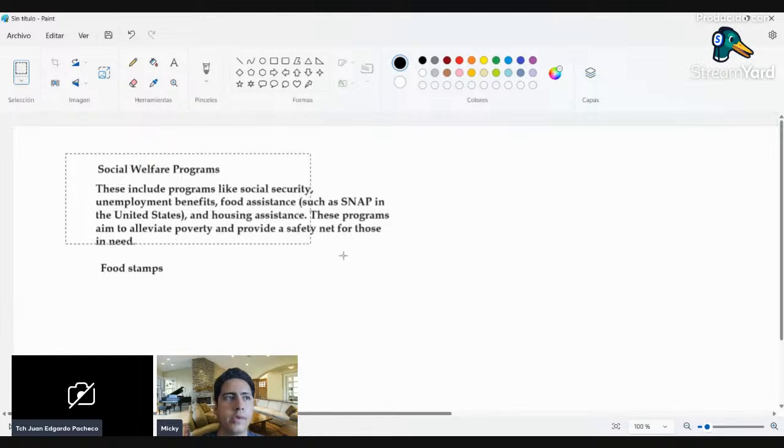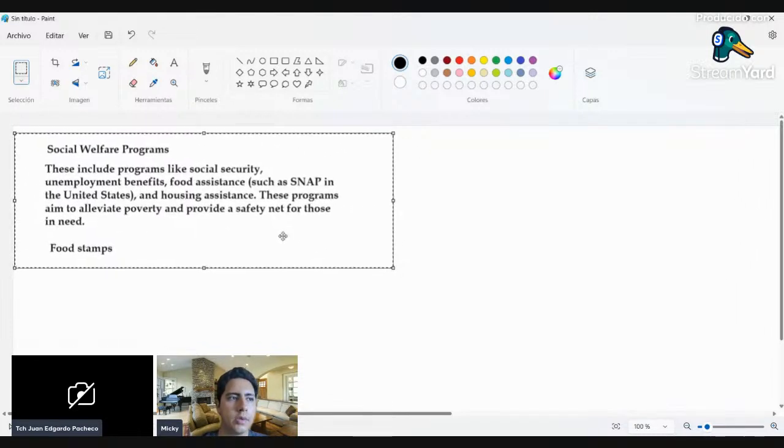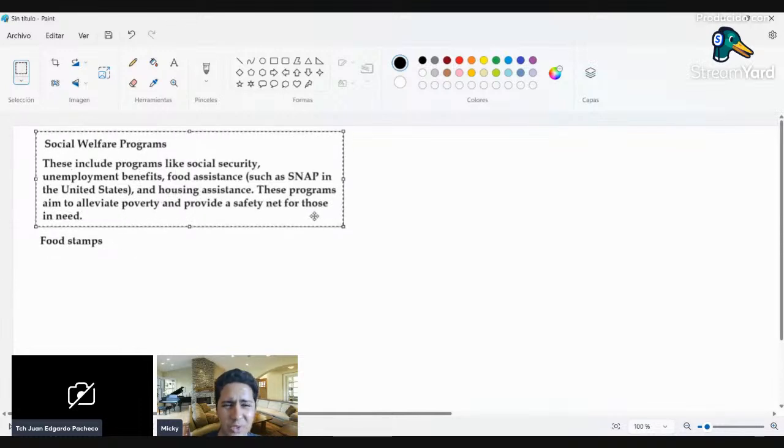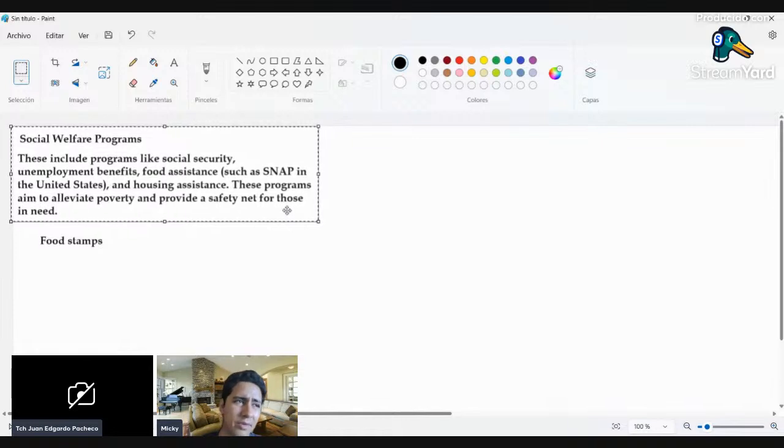Well, yeah, of course, those programs are trying to cover the different needs that part of the society usually have.